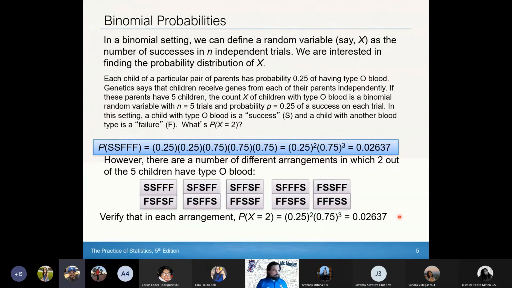So we know from previous work that when I want to know the probability of something occurring, I add up all the probabilities of how that thing can occur. So the probability of x equaling 2, or 2 children having type O blood, is 10 times the probability of one such arrangement, because there are 10 ways for that to happen. And we get 0.2637, about 26%.